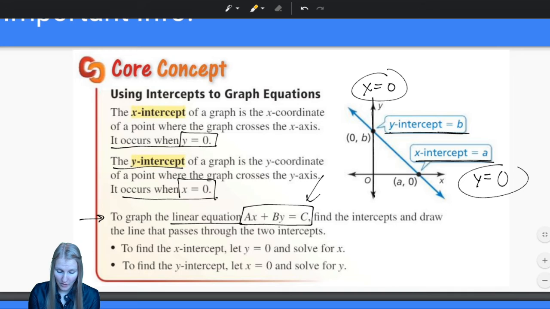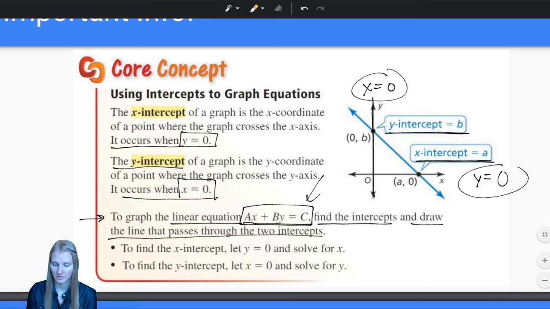In order to graph ax plus by equals c, find the intercepts and draw the line that passes through the two intercepts. So draw the points and connect the dots with the blue line, just like the blue line in this picture.